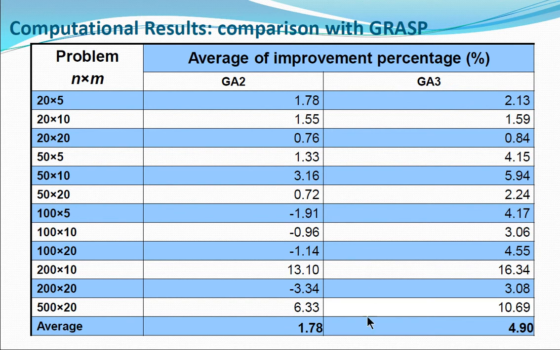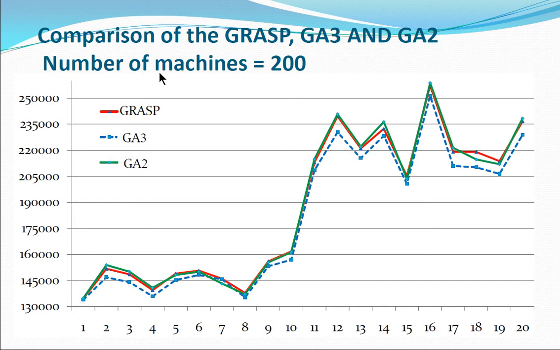As you can see, the average of the improvement by the GA2 was 1.78%, and the GA3 4.90%. So we have another graphic. As you can see, the GA3 outperforms the GA2 and the GRASP meta-heuristic in most of the problems presented above.